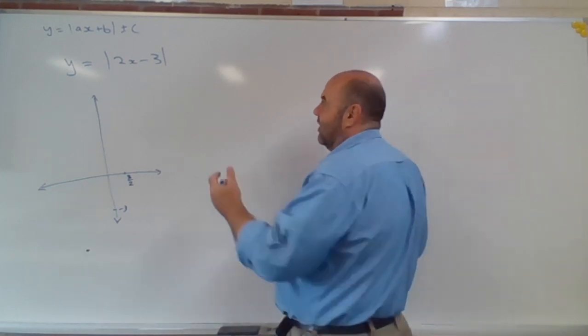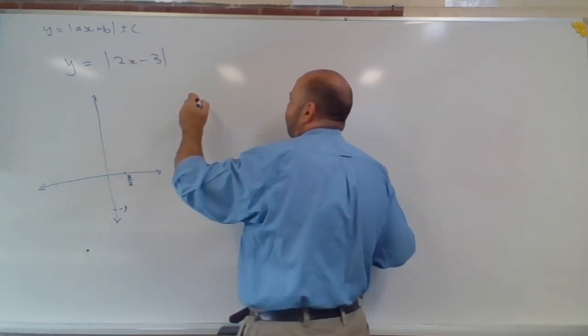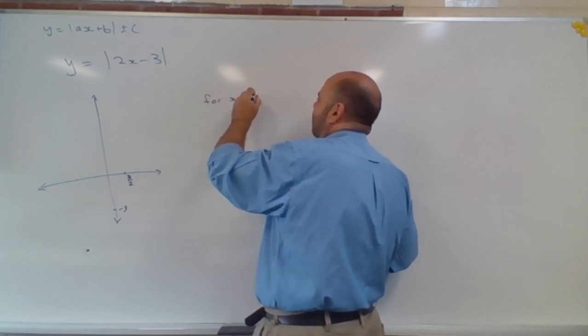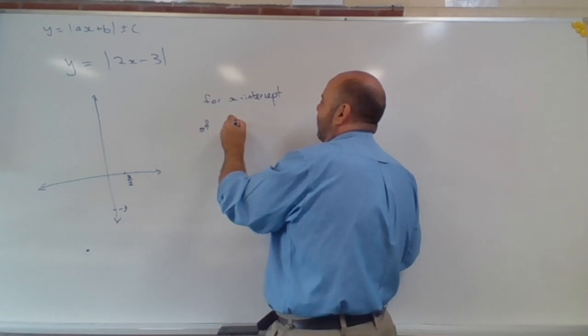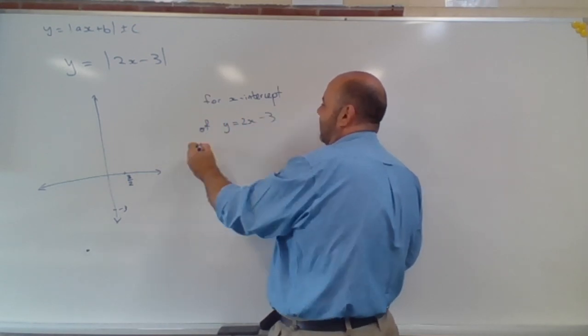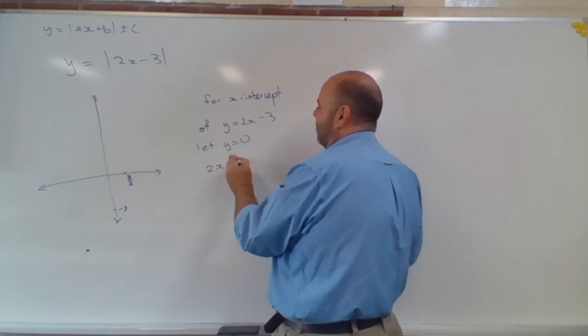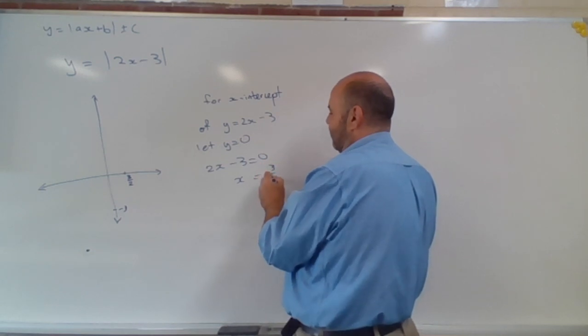Well, very simply, the x-intercept would happen when this part is equal to 0. So for the x-intercept of y equals 2x minus 3, we let y equal 0. In other words, 2x minus 3 is 0. Simple algebra, x is 3 on 2.